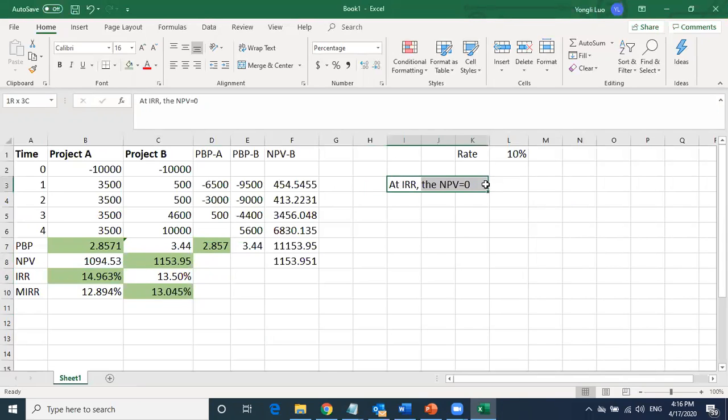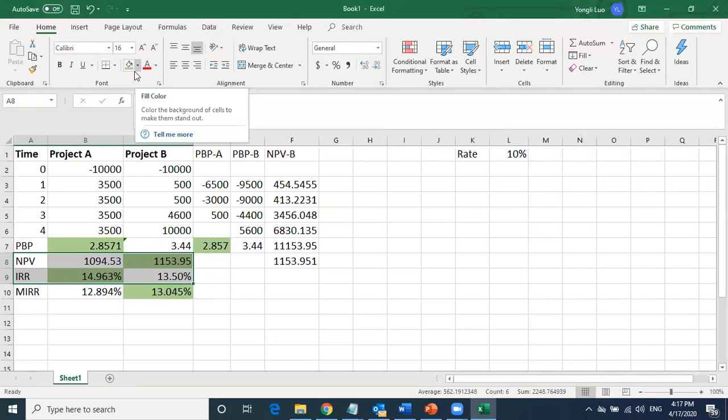Now I want to show you what to do if these two, the internal rate of return and net present value, give you different suggestions, or they conflict.